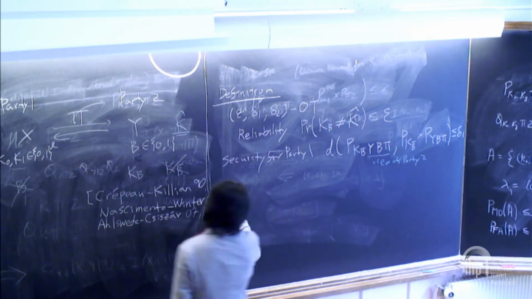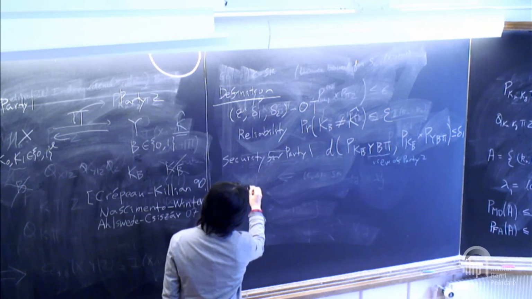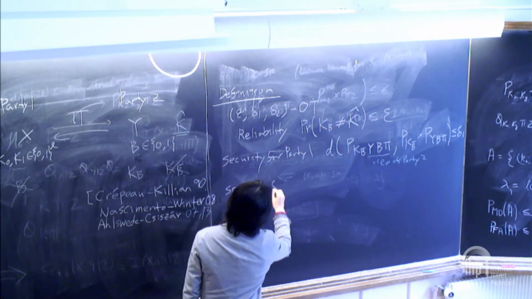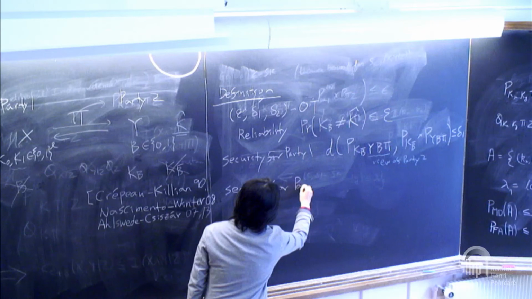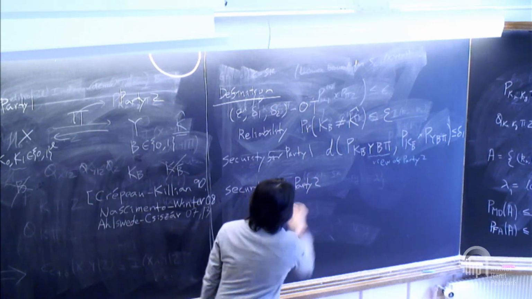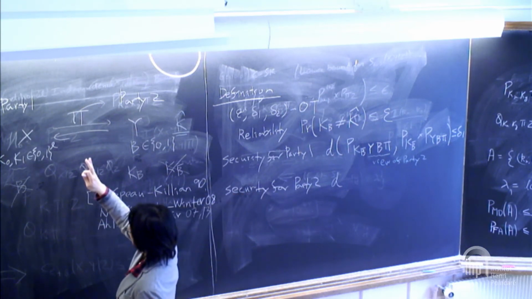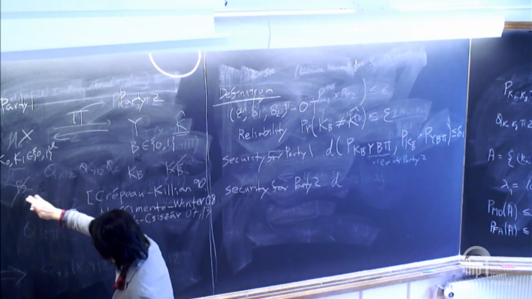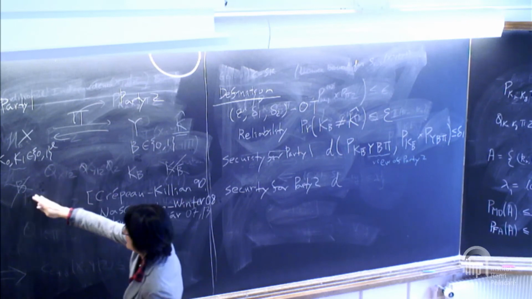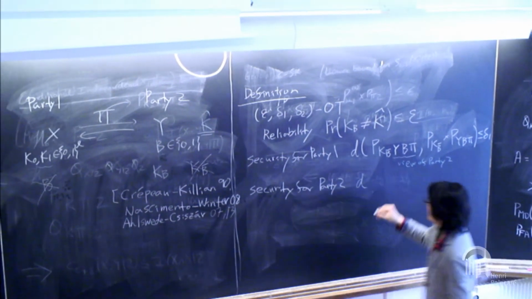And similarly, we have security for party 2. So this B should be kept secret from the first party.